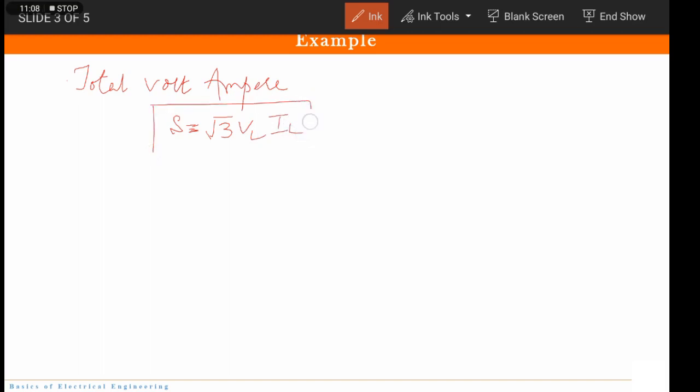This is one way. Another way can be S is equal to square root of P square plus Q square, because S is the total power, which is the resultant of P and Q. Fine.